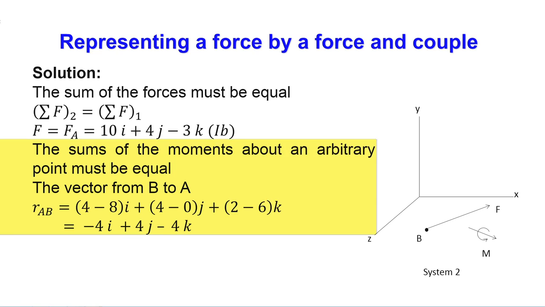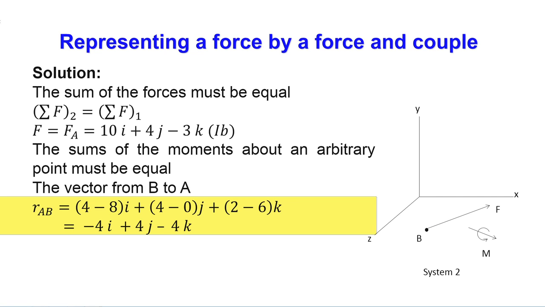Now, the sum of the moments again we have to find out. First we will find the moment arm from B to A. The position vector between A and B we have to find, that means coordinates of A minus coordinates of B: 4 minus 8, 4 minus 0, 2 minus 6. From that we can find R A B, the moment arm.